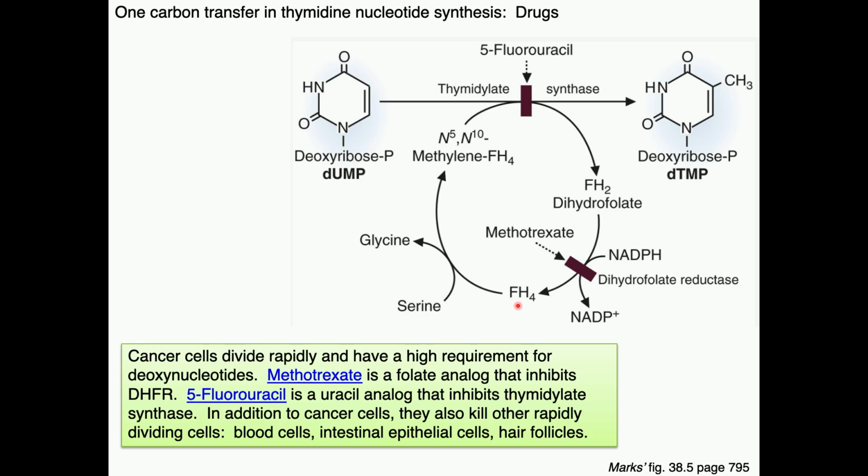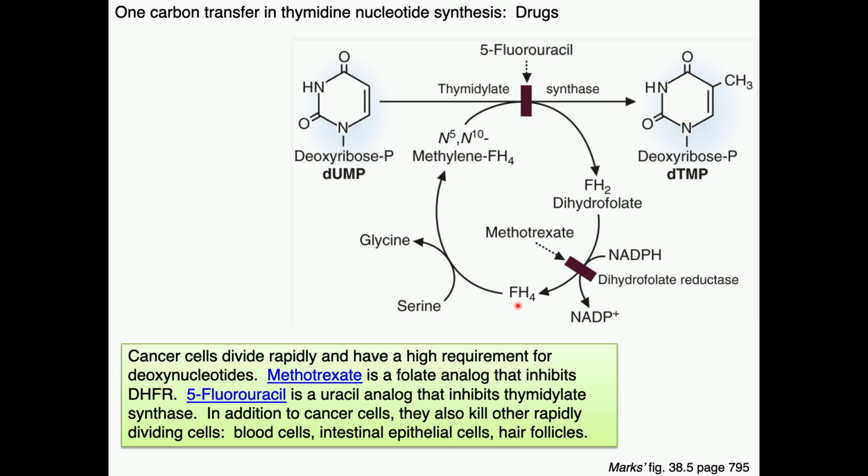So let's look at some drugs that will target this pathway. And why would we want to target this pathway? Well, rapidly dividing cells like cancer cells have a high requirement for replicating their genomes, and they have a high requirement for nucleotides. If we can starve these cells of their nucleotide pool, then we can slow their cell division, and that's beneficial for cancer.